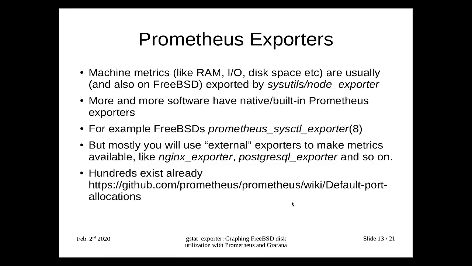But on FreeBSD, it doesn't have disk utilization metrics. It does on Linux, of course, but not on FreeBSD. Which is why I started out, because when you're troubleshooting stuff on a database server or something, it is very nice to have metrics for disk utilization.